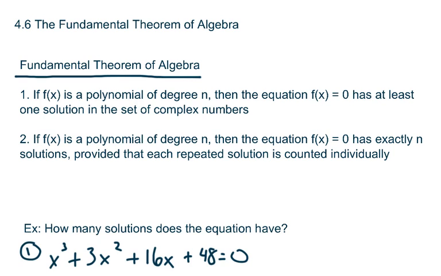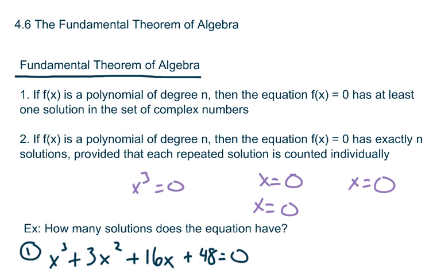Okay, so just as an example, if we had x to the third equals 0, when we solve this, we really only have one unique answer. It's x equals 0. But since the equation says exactly n solutions based on degree, if this is degree 3, then we're going to have three solutions: x equals 0, x equals 0, and x equals 0.